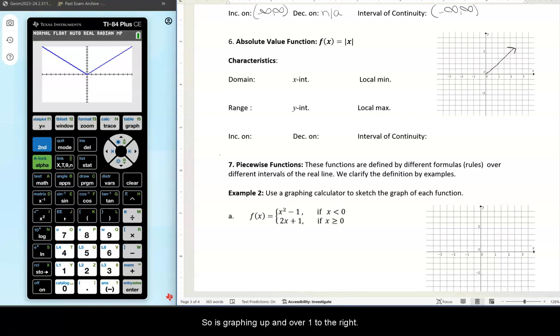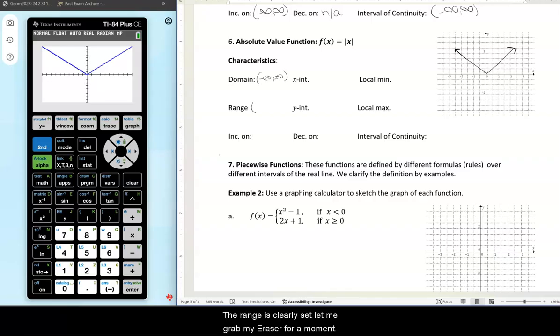So it's graphing up and over 1 to the right. Then it has the equation y equals negative x to the left. So to the left 1 and up 1, to the left 1 and up 1 will give us that negative branch. The domain is all real numbers, because you can put any number you want into that function.